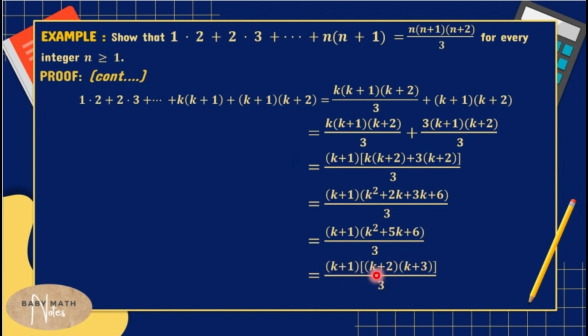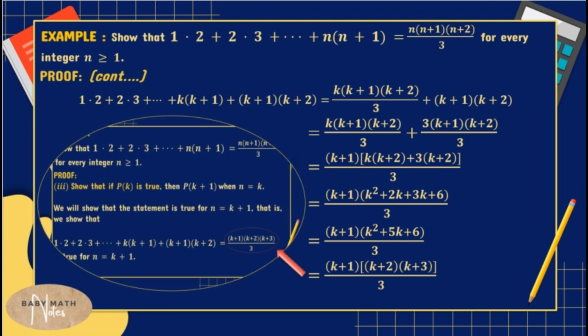Ito yung kailangan nating ipakita, which is, naipakita natin. So, we show that if P of k is true, then P of k plus 1 is also true when n is equal to k. Yung kaninang step number 3 natin, yun yung sagot na nakuha natin. Na equal sila for n is equal to k plus 1.